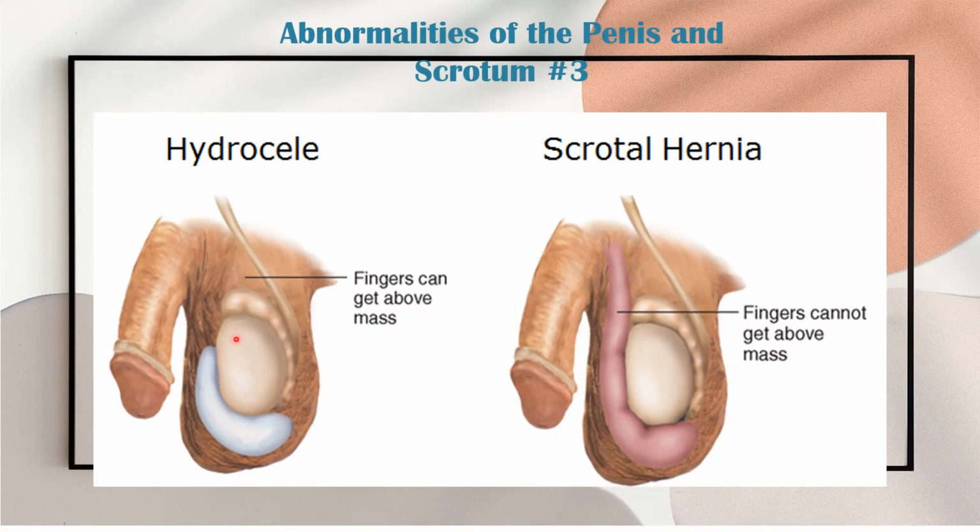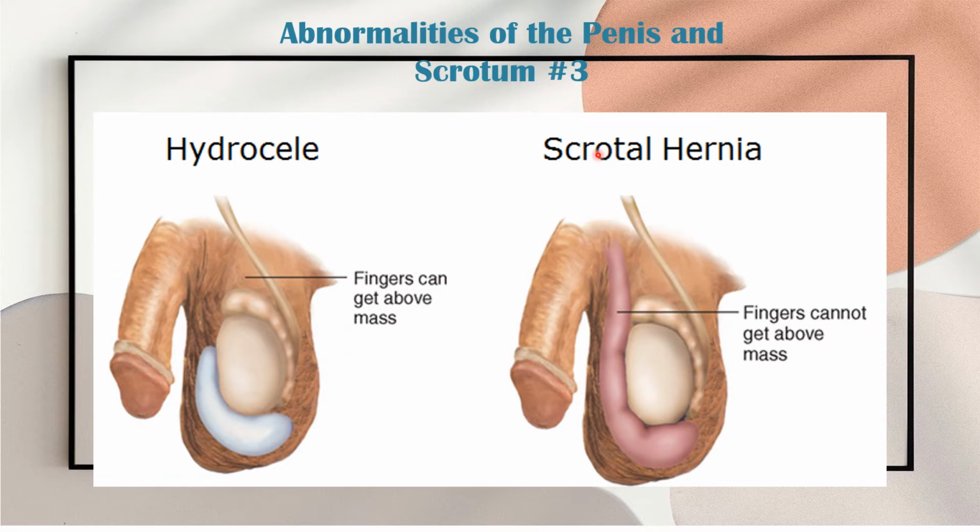Okay, so we have other abnormalities of the penis and scrotum. Here we have the hydrocele, which is a non-tender, fluid-filled mass within the tunica vaginalis. It transilluminates, and the examining fingers can palpate above the mass within the scrotum.